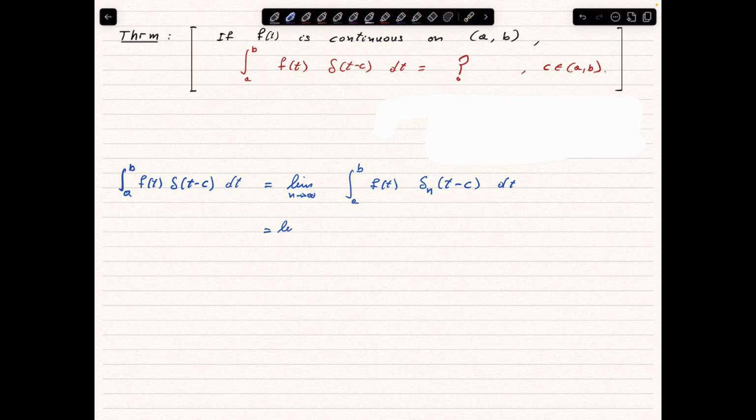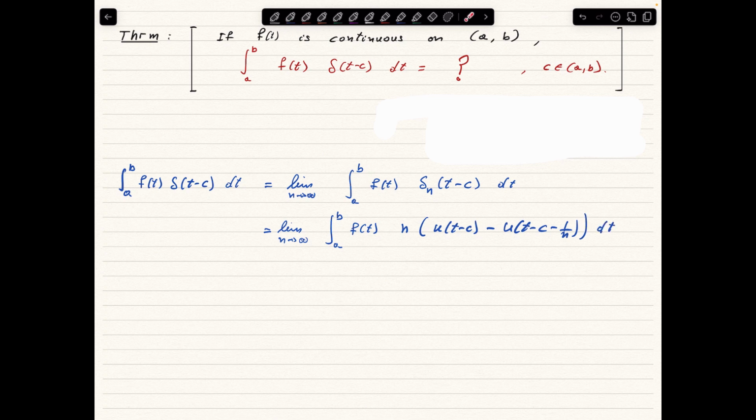Well, let's write it down. This is the limit as n goes to infinity of the integral from a to b. This is all the same as before, f of t. But here what we need to write is, what is delta n? Delta n is n, and then we need to multiply a step shifted by c, minus the step shifted by c minus 1 over n, all that dt.